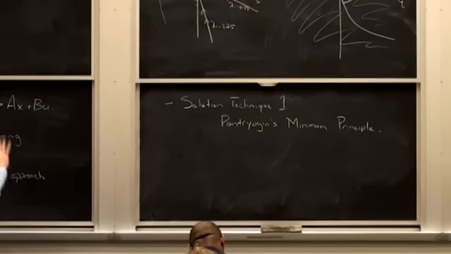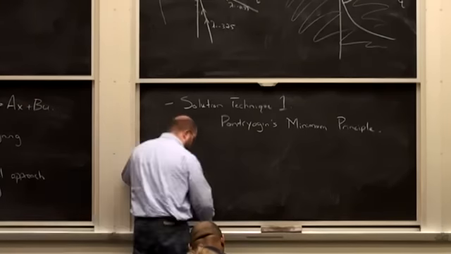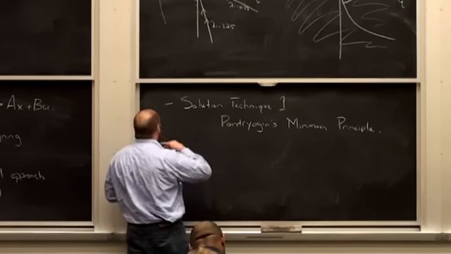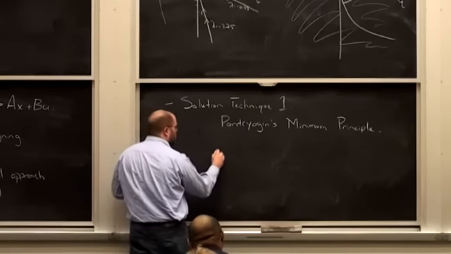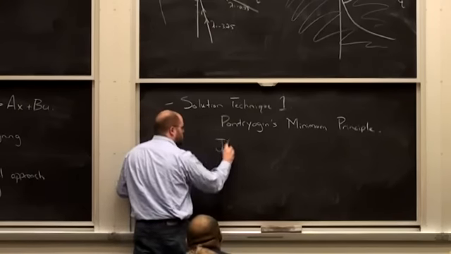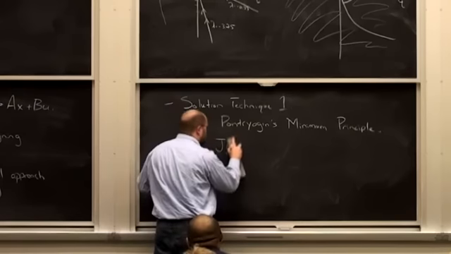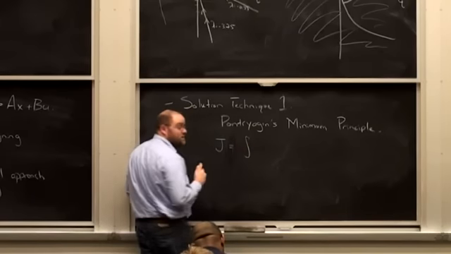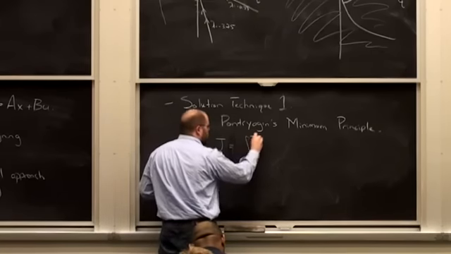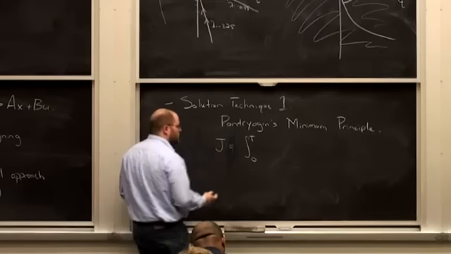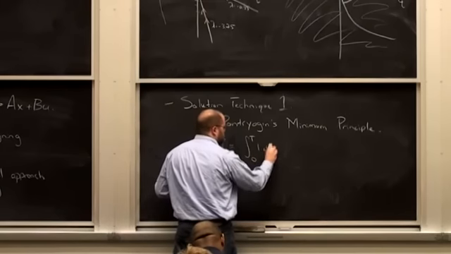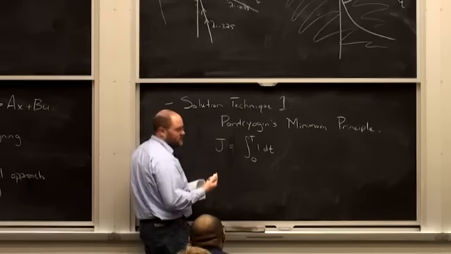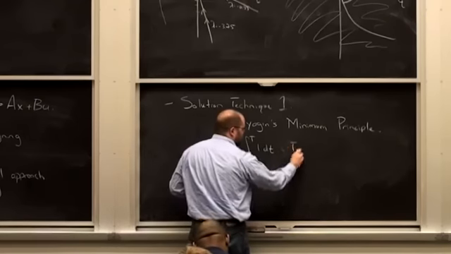Which in this case is nothing more than, let's write down exactly what we mean by this cost function. We have J, some cost function we want to optimize, which is a finite time integral of 1 dt. That sounds ridiculous, but we're just optimizing time.